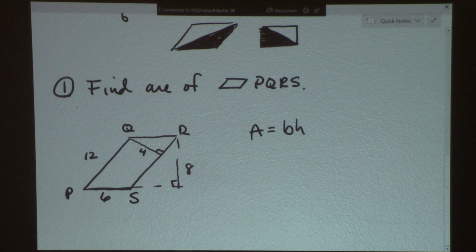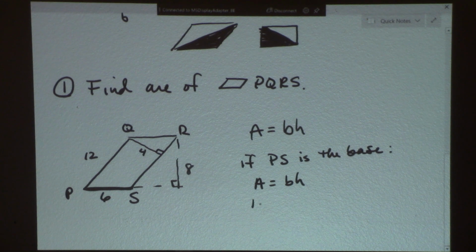If PS is the base, then I would have this distance here, 6, as my base. And then what distance is perpendicular to PS? Well, this one coming down over here is the 8. So it would be 6 times 8, which is 48.